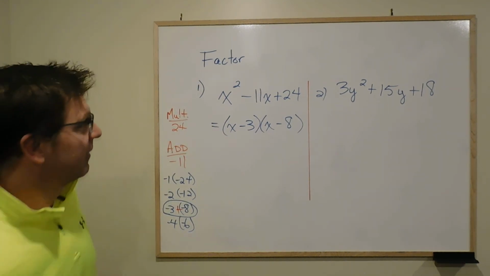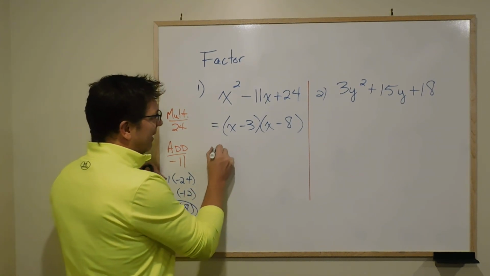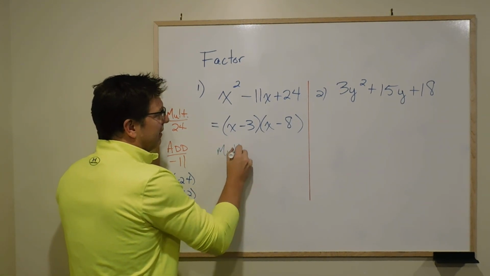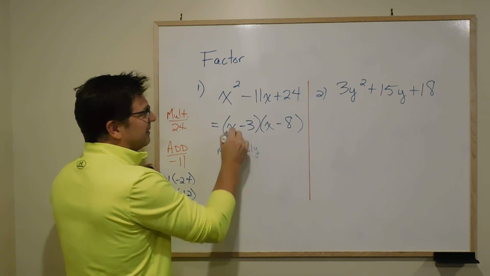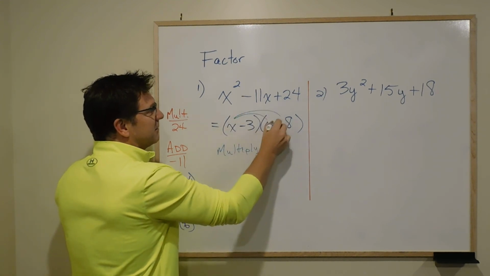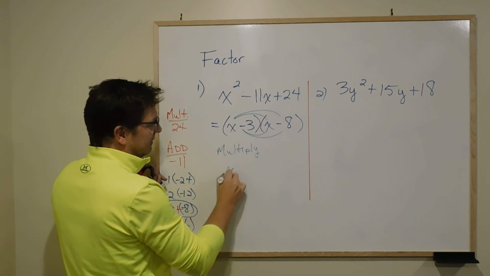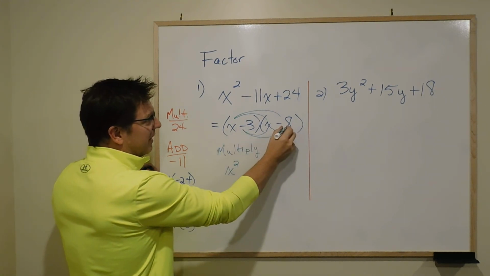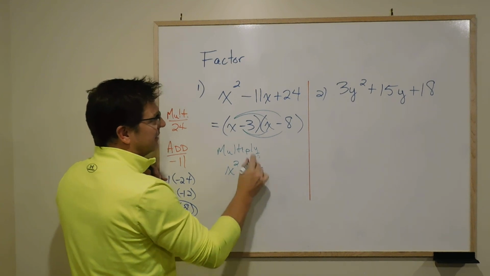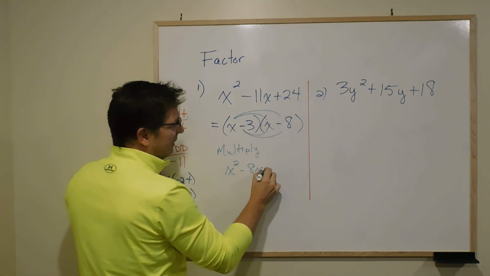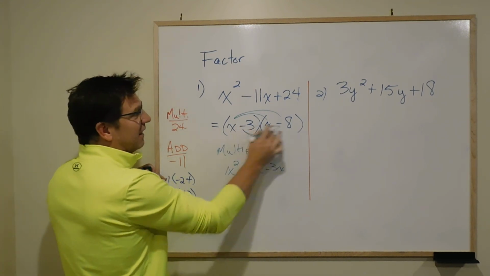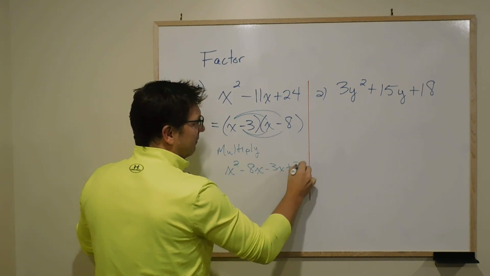I'll prove it. Let's multiply it back. How do you prove it? Well, you multiply it back. x times x times negative 8, negative 3, like that. x times x is x squared. x times negative 8, minus 8x. Plus negative 3 times x, negative 3x. And negative 3 times negative 8 is plus 24.